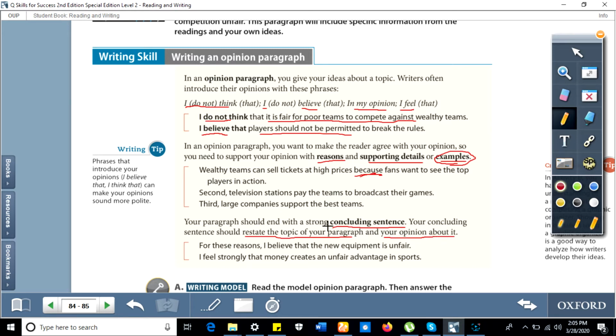So what you need to do is to restate the topic of your paragraph, and with your opinion, that what you think, that you agree with the topic or you disagree with the topic, and what you feel, what are your ideas about this topic, right? And that's how you conclude your paragraph.